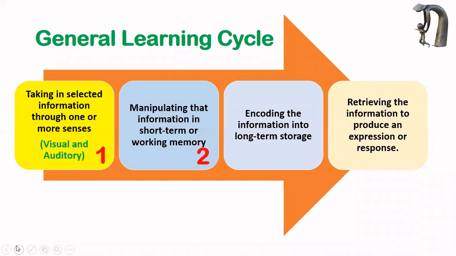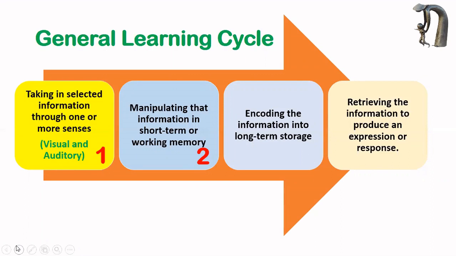Now we need to understand what working memory is here. Okay, we will discuss that in a while. So, manipulating that information in short-term or working memory. You know what short-term memory is? What is short-term memory? For example, now just try to think. Okay, you have a brain. Now this is our brain, where the brain includes long-term and short-term memory.